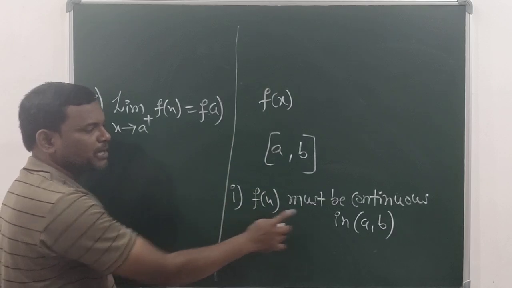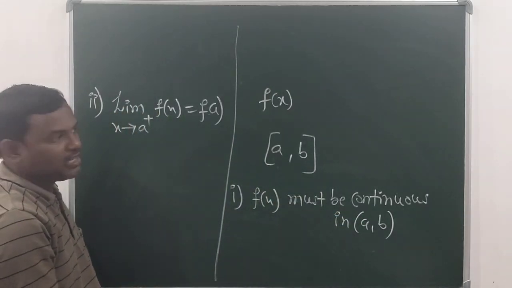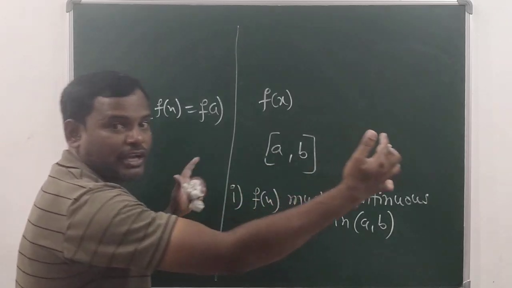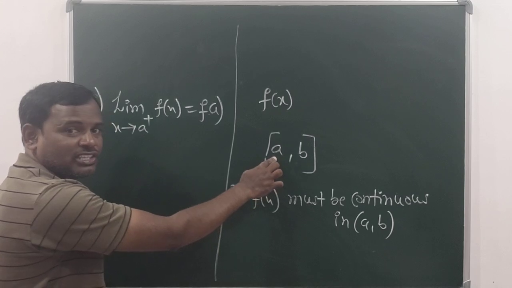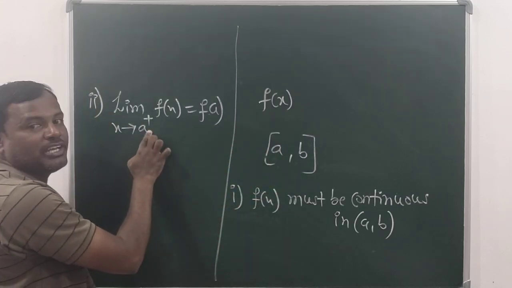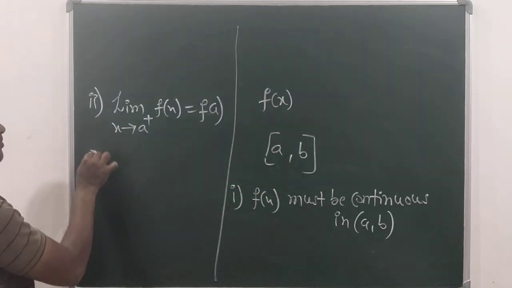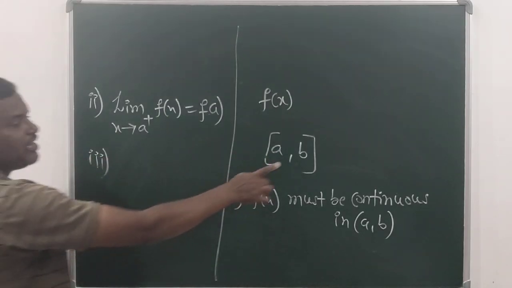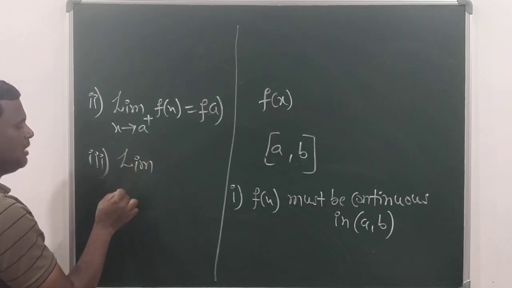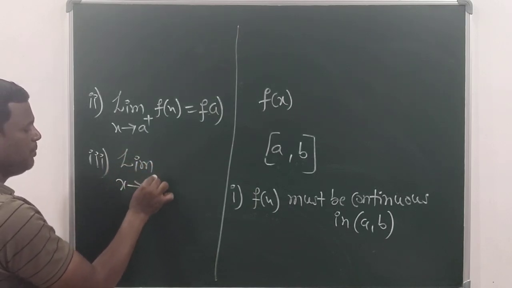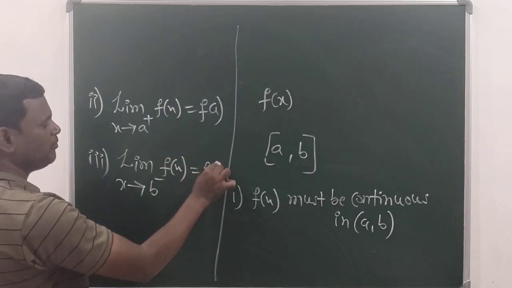f of x must be continuous in the open interval a comma b, and a and b are also included in this interval. So now you would have to check right continuity at a, and this function must be left continuous at b. Left continuous means limit x approaches b minus of f of x is equal to f of b.